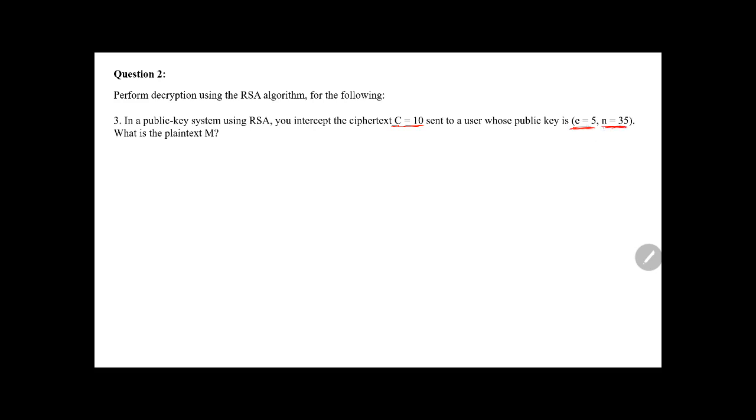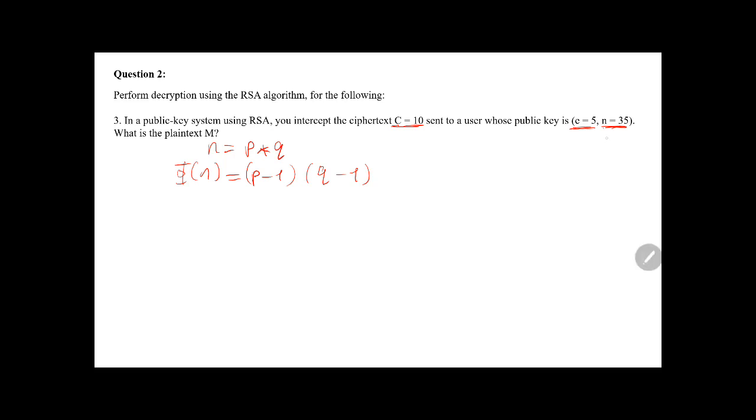Remember, N was equal to P multiplied by Q. Okay, so what we don't have is Euler's quotient of N, which is P minus 1 multiplied by Q minus 1. So now we have a problem.